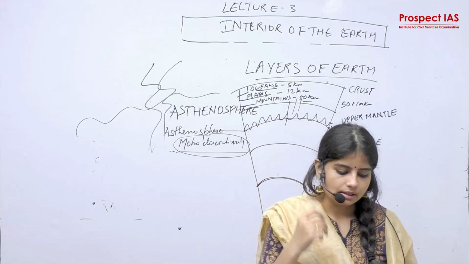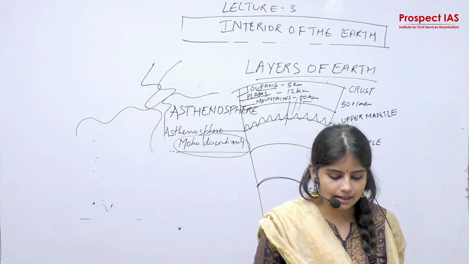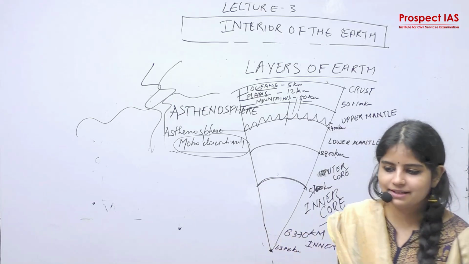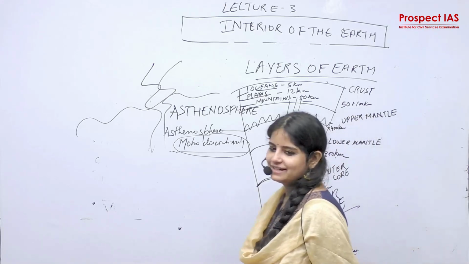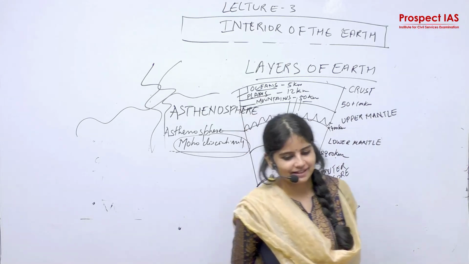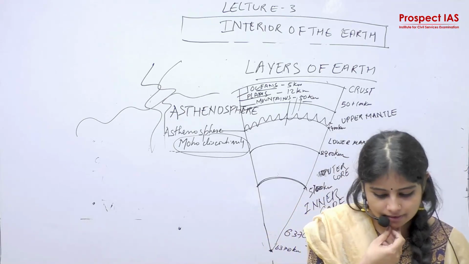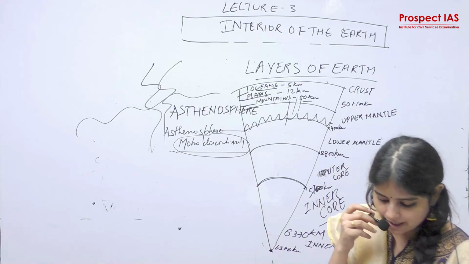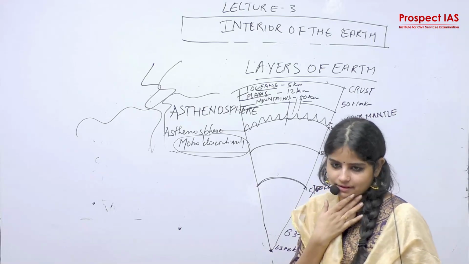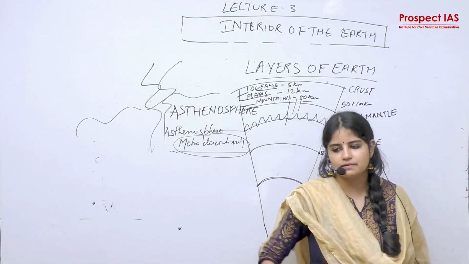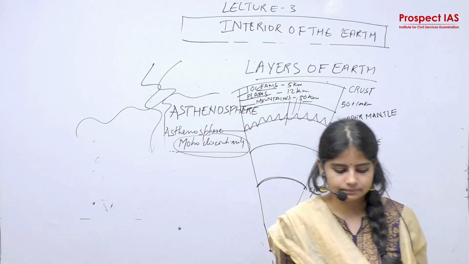Okay. So the next layer is mantle. Not mental, M-E-N-T-A-L. It's M-A-N-T-L-E. It means middle layer. The technical words of geography are given by Latin and Greek, so you will find some Greek culture in the words of geography.